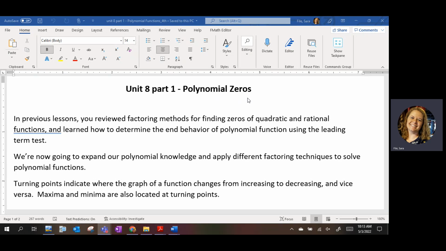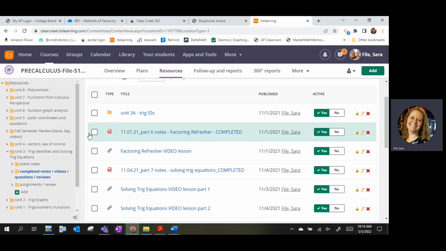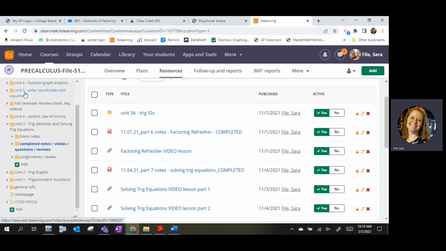Part 1 is gonna look at zeros, and this is really just a practice, a review of factoring and understanding what zeros are. I'm hoping Part 1 seems easy. If it does not seem easy because you don't remember factoring, you need to go back and review factoring. We did this. I'm going to show you in It's Learning.